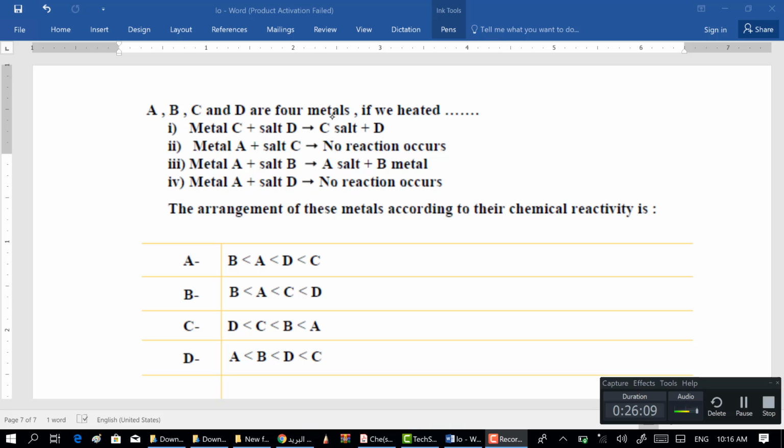If we heat the metal C plus salt D, it gives us C plus D.